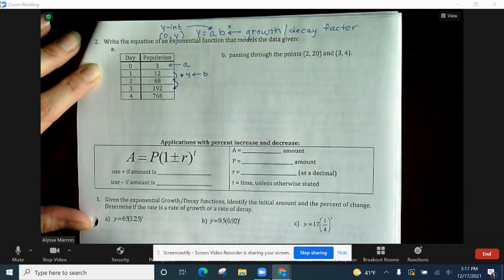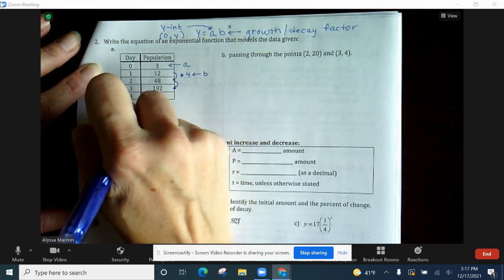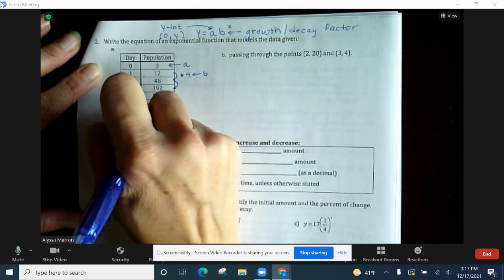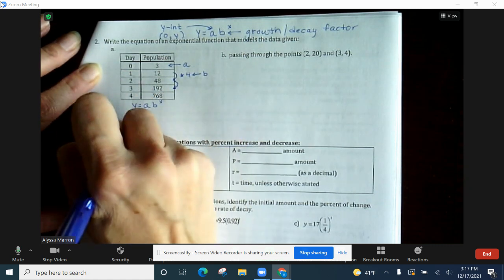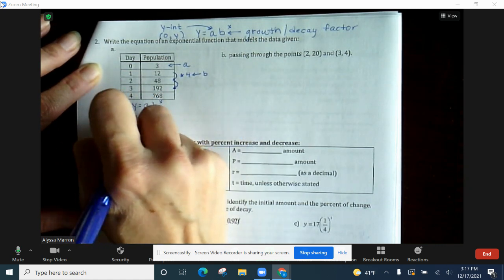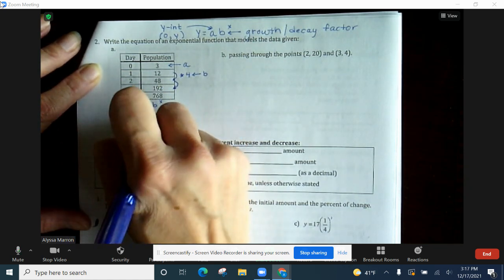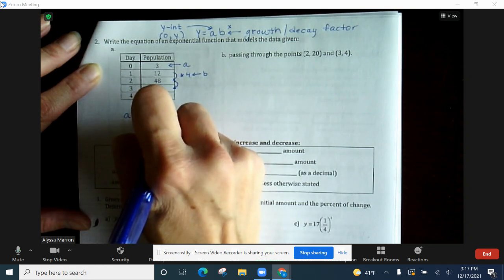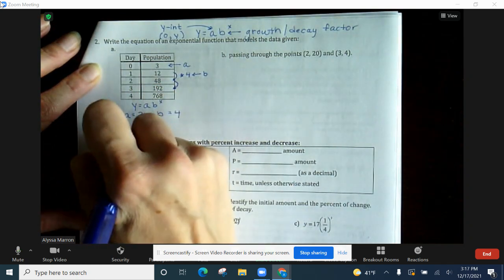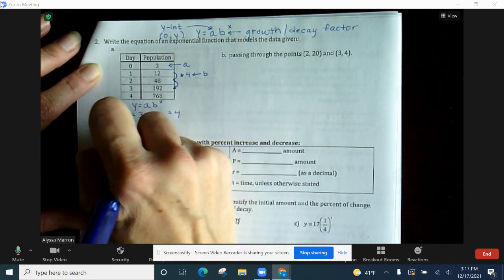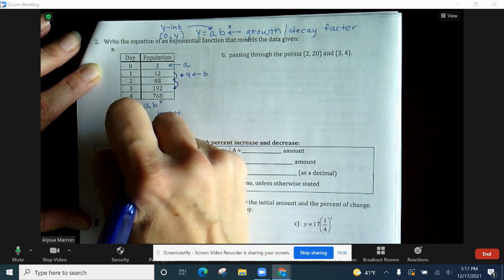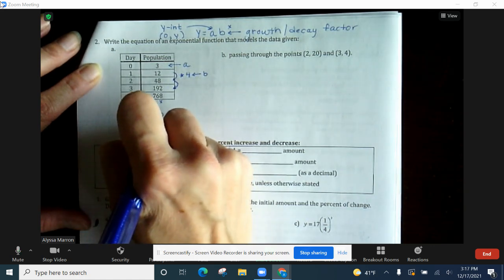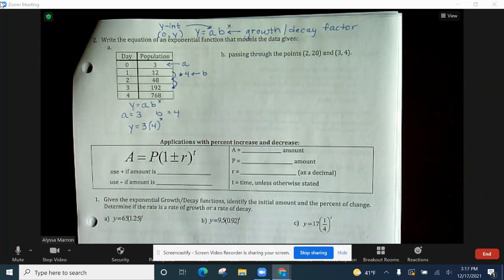That's that growth factor. So again, we're doing y equals a times b raised to the x. In this problem, our a value is 3. Our b value is 4. So now we can write our final equation, 3 times 4 raised to the x.